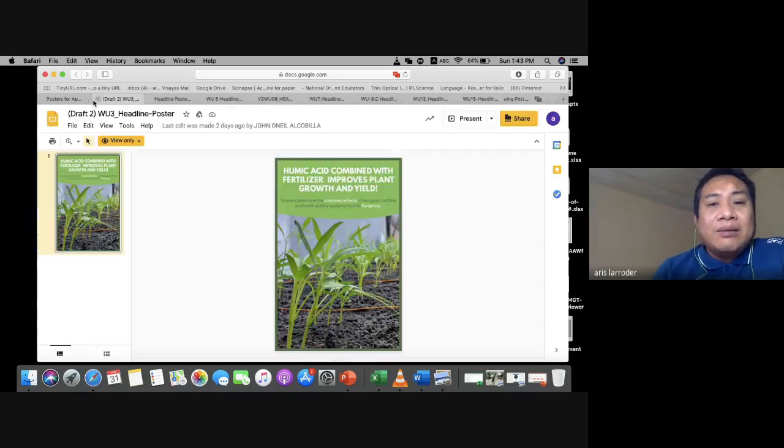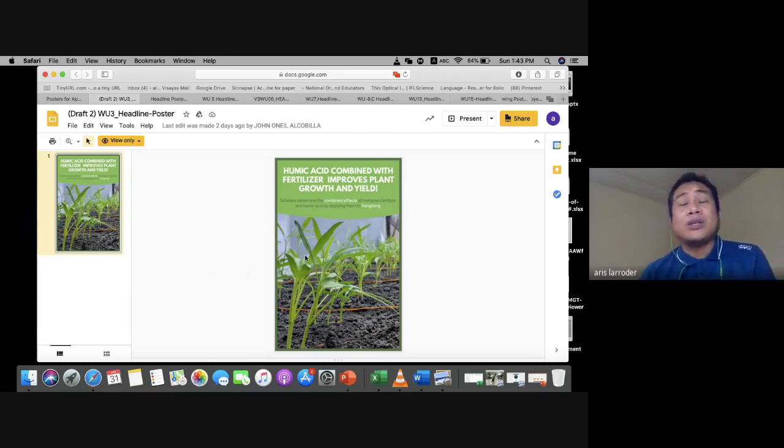And then for the third one, this is humic acid combined with fertilizer improves plant growth and yield. This is a classic example of the use of color, where, as you can see, the text scholars determine the an organic fertilizer.